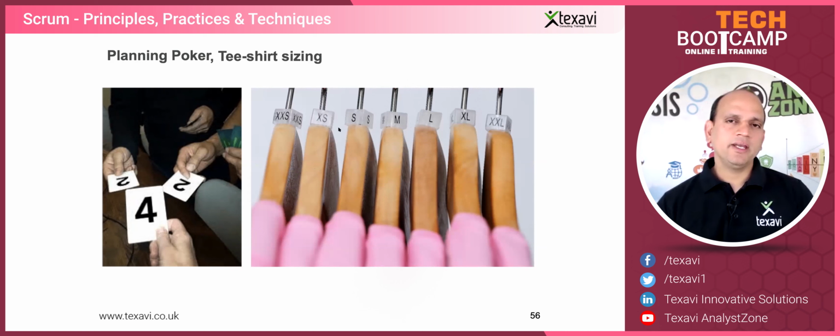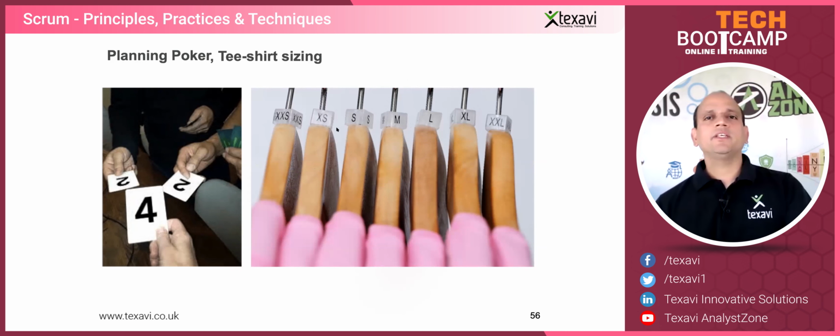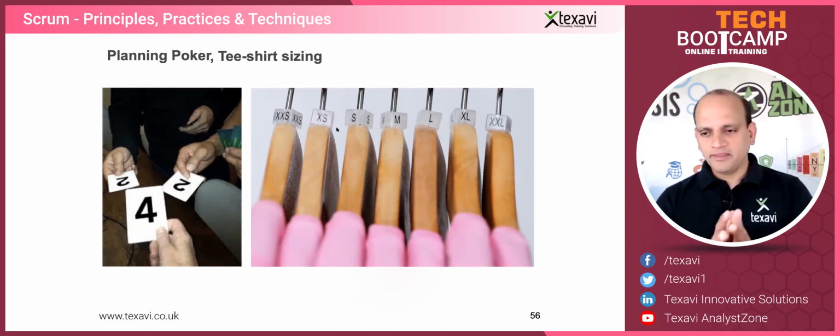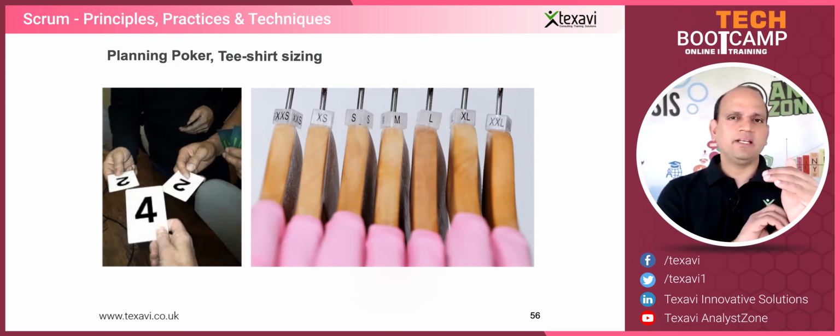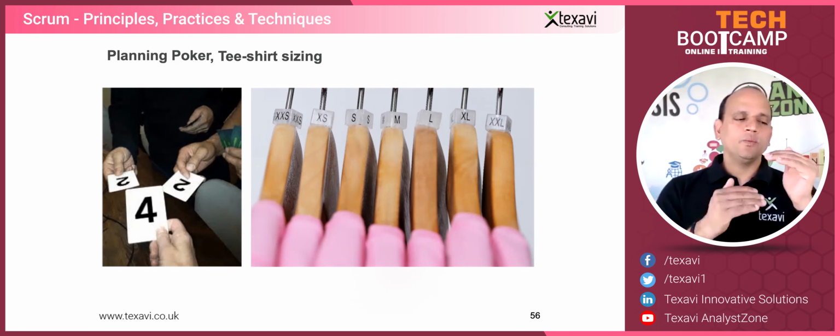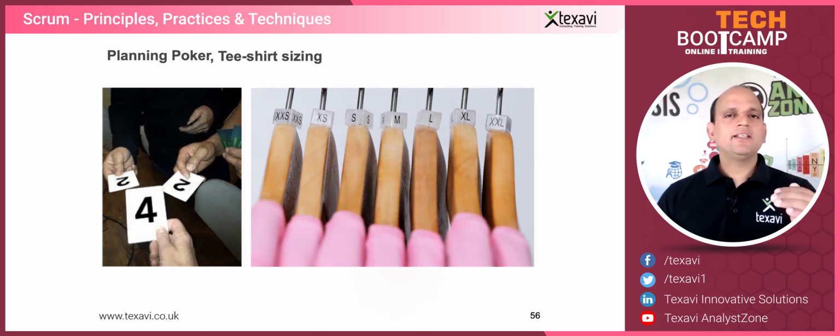Typically, this estimation gets done before the sprint planning session, or even during the sprint planning session. By the end of the sprint planning, there should be good clarity in terms of each user story that is part of the 7 stories that we said we will do in the sprint, right? So with those 7 stories, for each story size, we should have at least an estimate of whether it is a medium, large, or something else. If it is a medium, it is, let's say, 8 points.